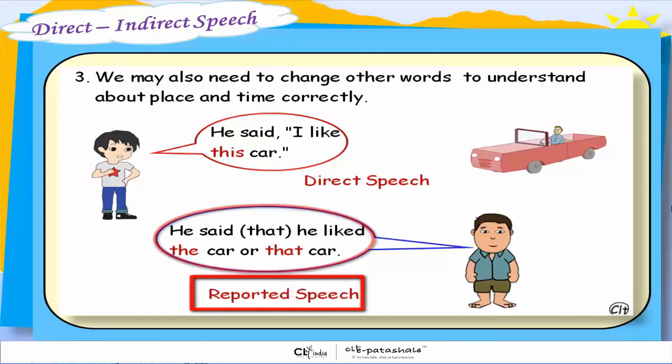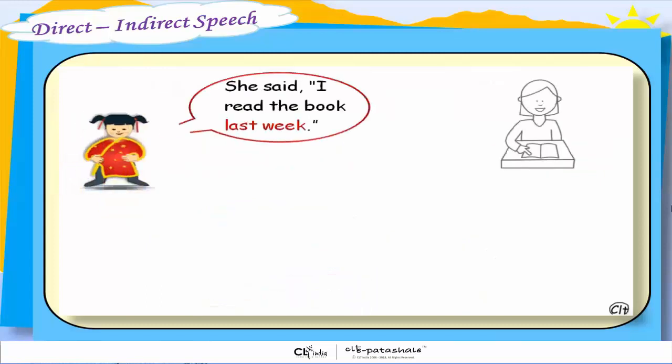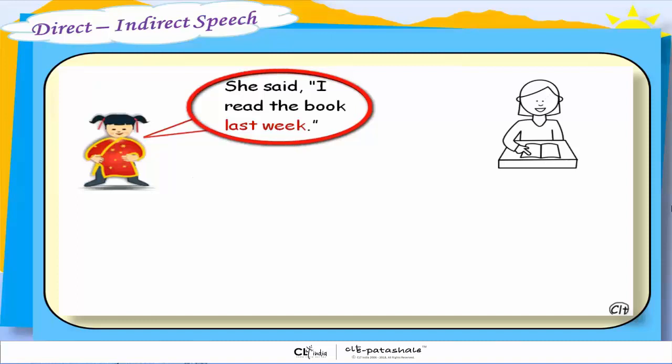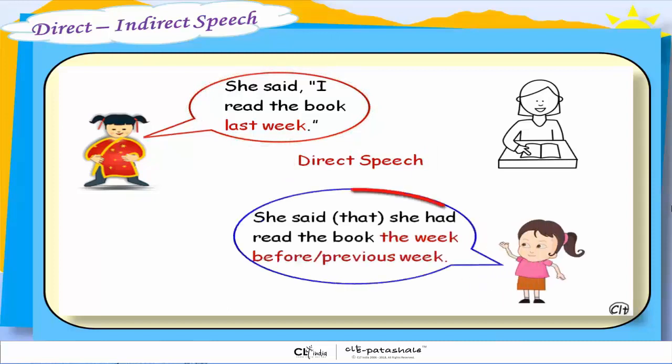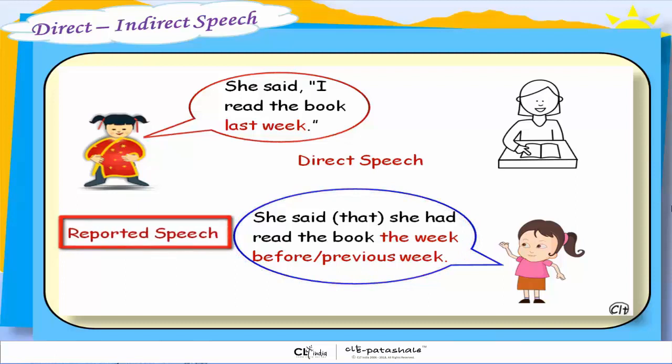This is the reported speech. She said, I read the book last week. The direct speech. She said that she had read the book the week before or the previous week. This is the reported speech.